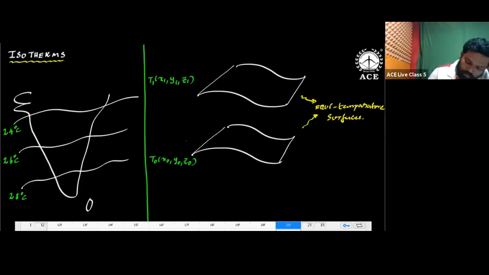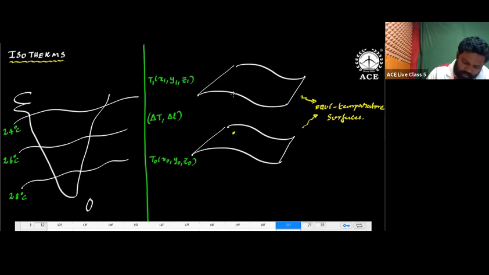The temperature difference between these two surfaces is delta T and the distance is delta L. I want to go from this level surface T0 to this level surface T1. In how many possible ways can I go? Infinite number of ways.